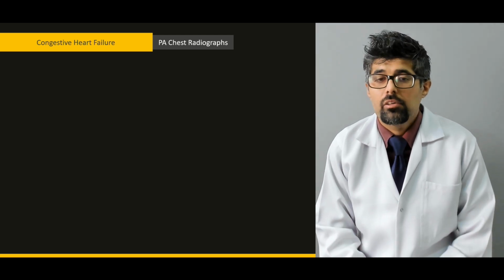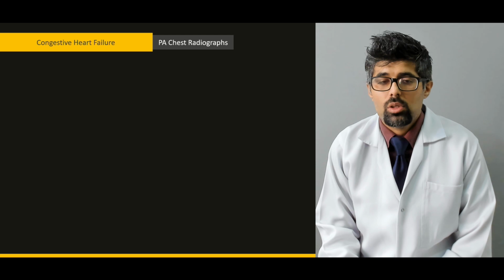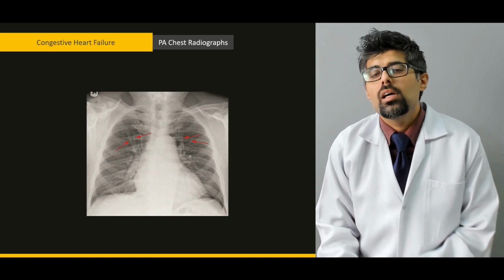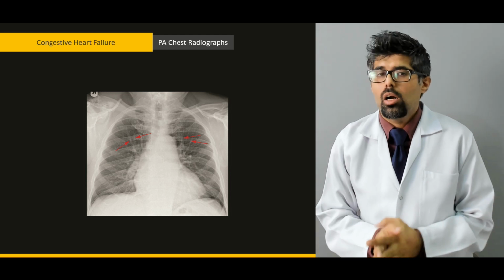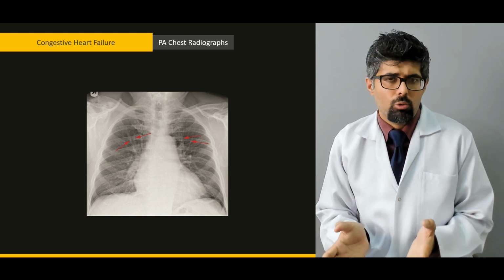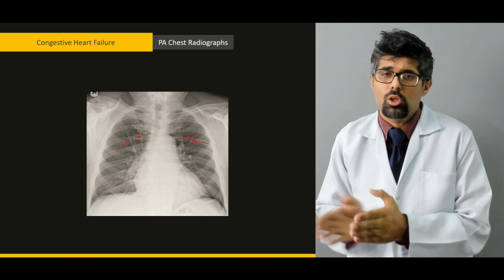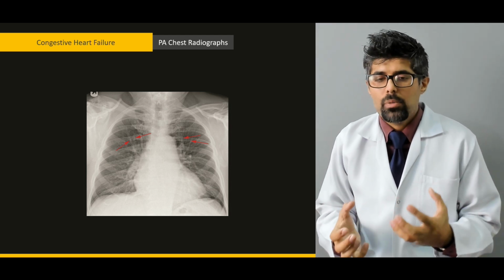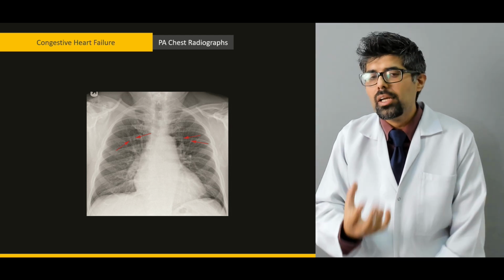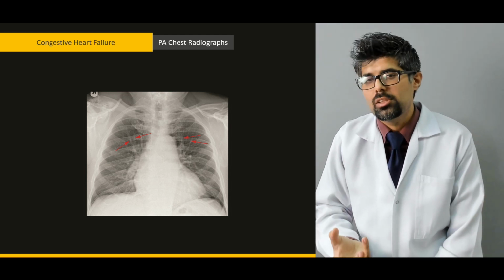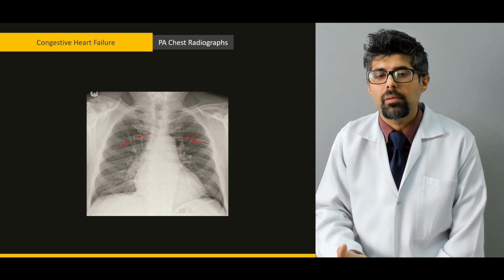Next, we have congestive heart failure. Now, congestive heart failure is diagnosed on PA chest x-rays. There is usually no requirement for CT scans or MRI. Why? Because there's a set of very certain changes that happen in the x-ray.